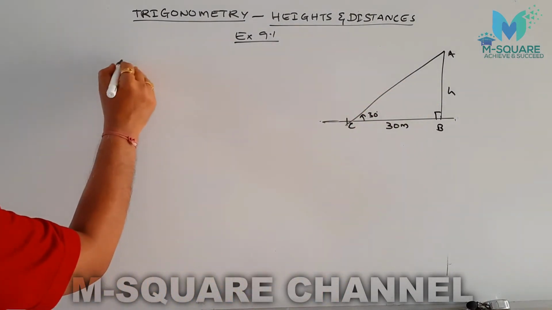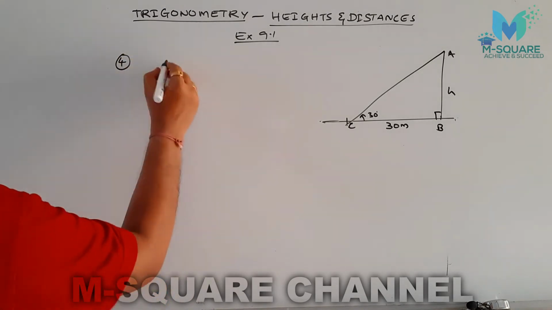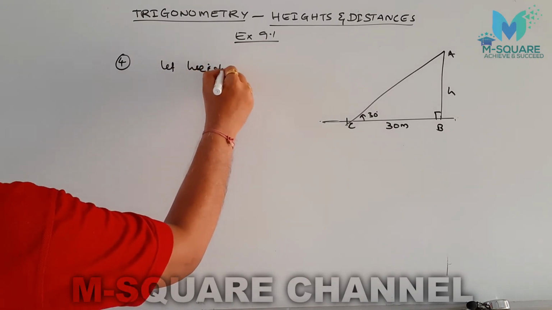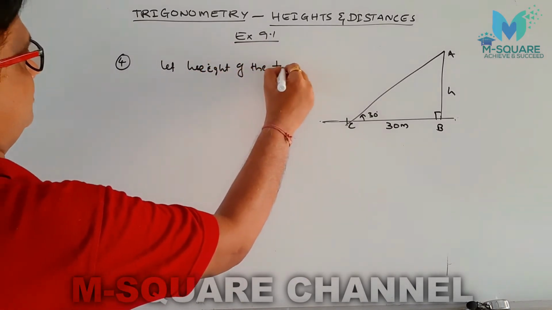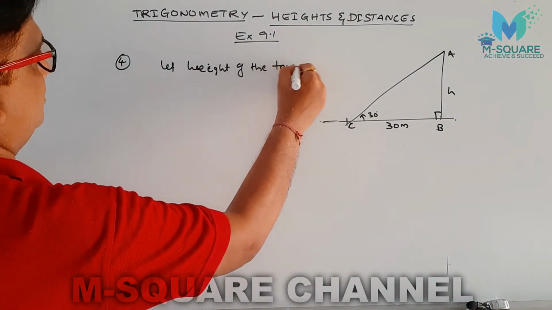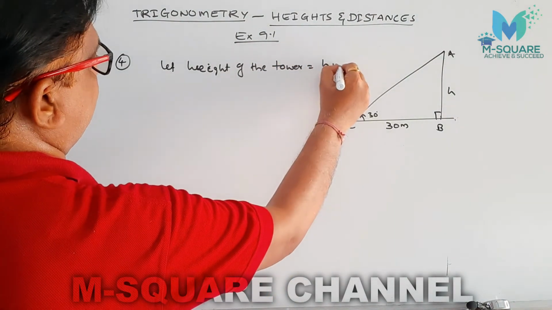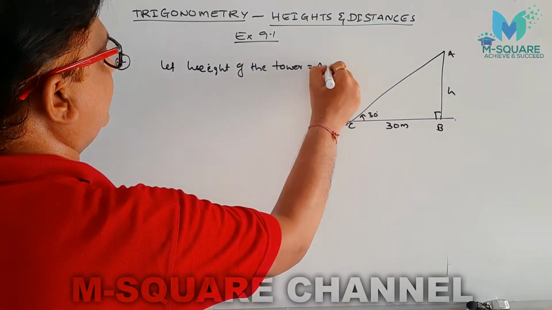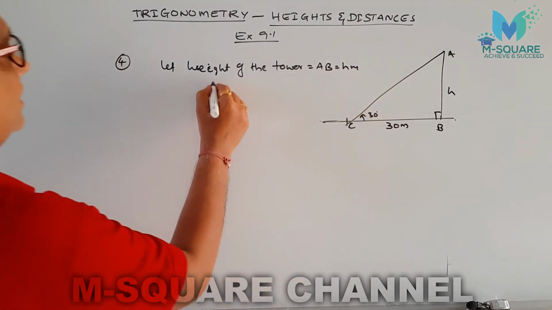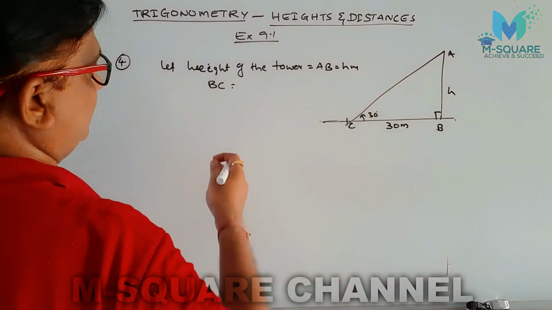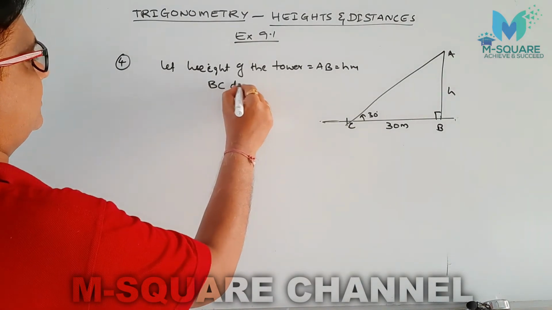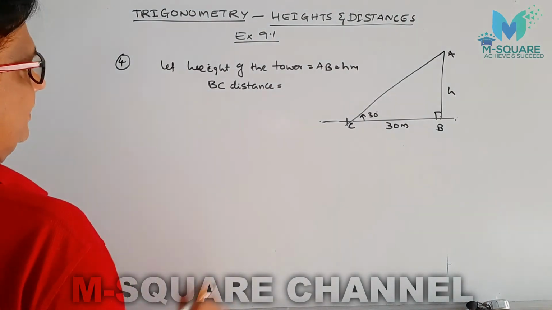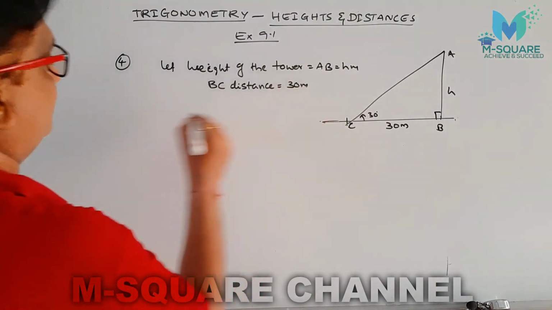So here question number 4, let the height of the tower equal h meters. You can take AB equal to h meters, and BC, the distance between the observer point and the tower, you can write tower to observing point equal to 30 meters.